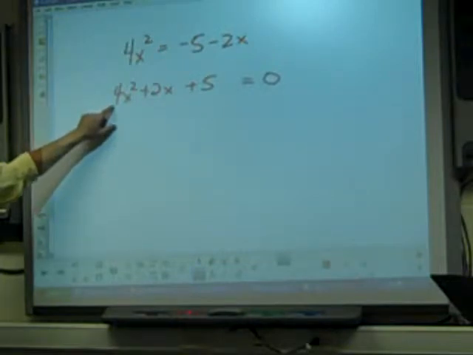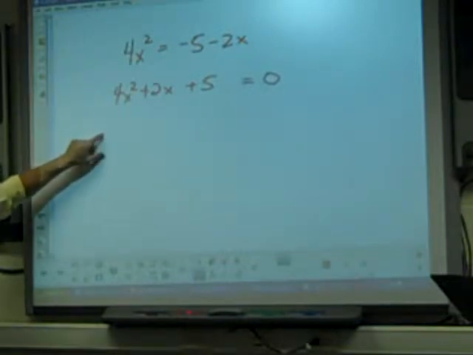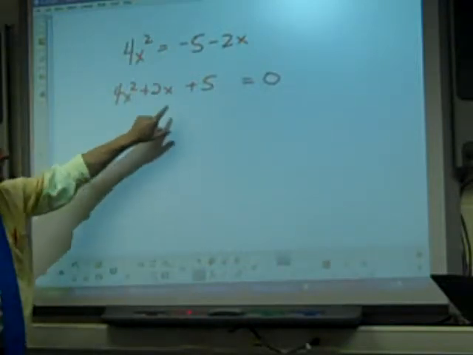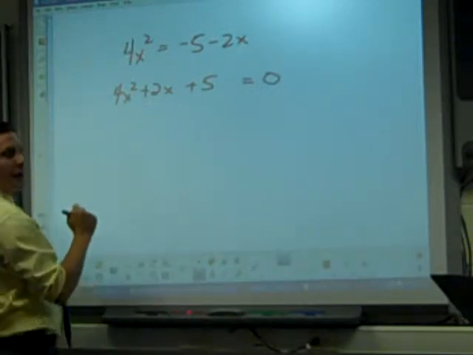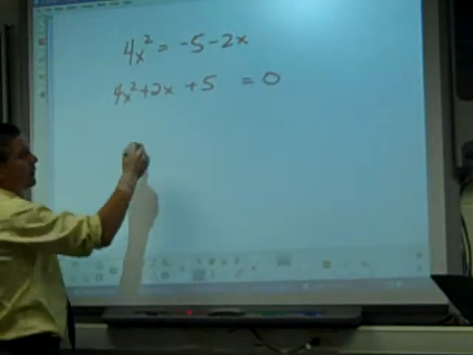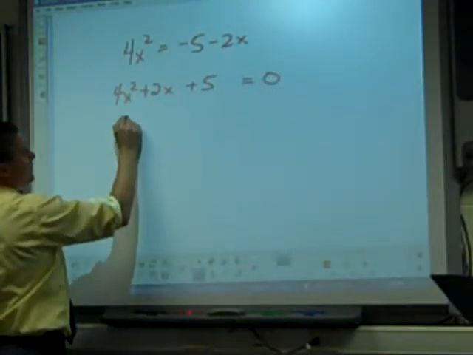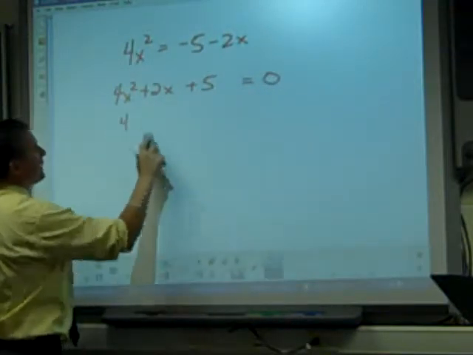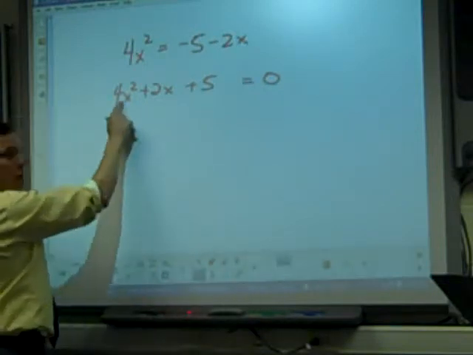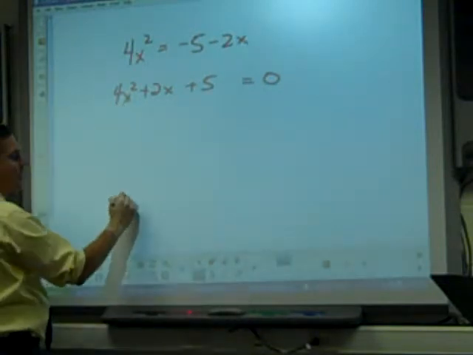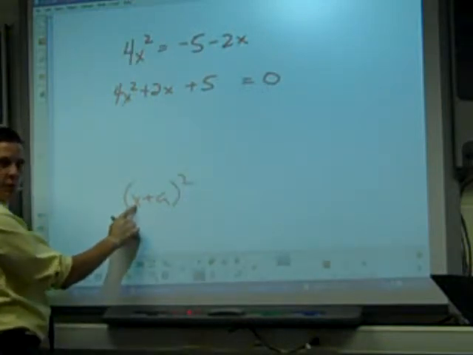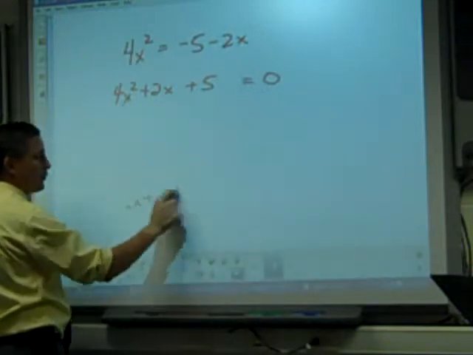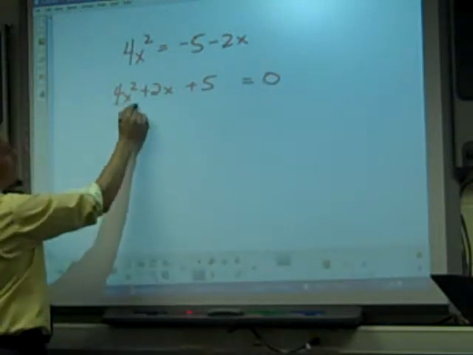Well, this is a case where we'd have to have either 4x and x and 5 and 1, and to save time on the video, I'm not going to factor. I'm going to complete the square. I'll move 5 to the other side. And at the same time as I move 5 to the other side, I'm going to get a 1 here, so I can have some x plus a squared. Because if you do that, the lead term will only be x squared, coefficient of 1.